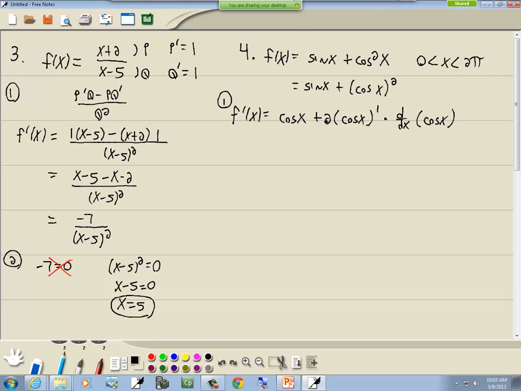So we got cosine x plus 2 cosine x. And the derivative of cosine x is negative sine x. So this becomes cosine x, I can put the negative out in front, minus 2 cosine x sine x.